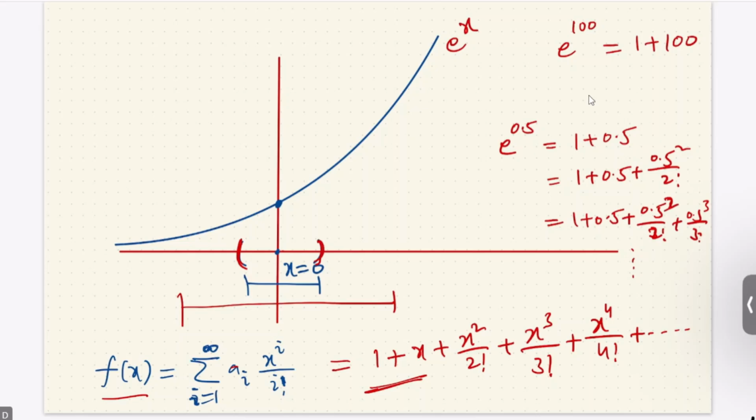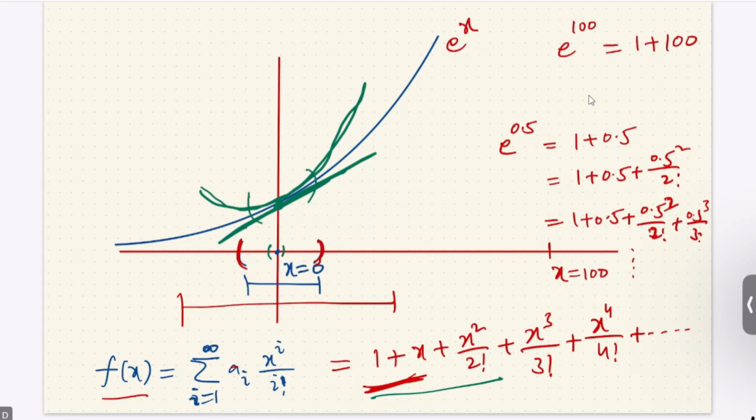It is far away from x equal to 100, because you approximated only with the first-order linear approximation, the line equation. This matches very closely only near zero. If you take the quadratic, it comes like this, somewhat expanded domain.